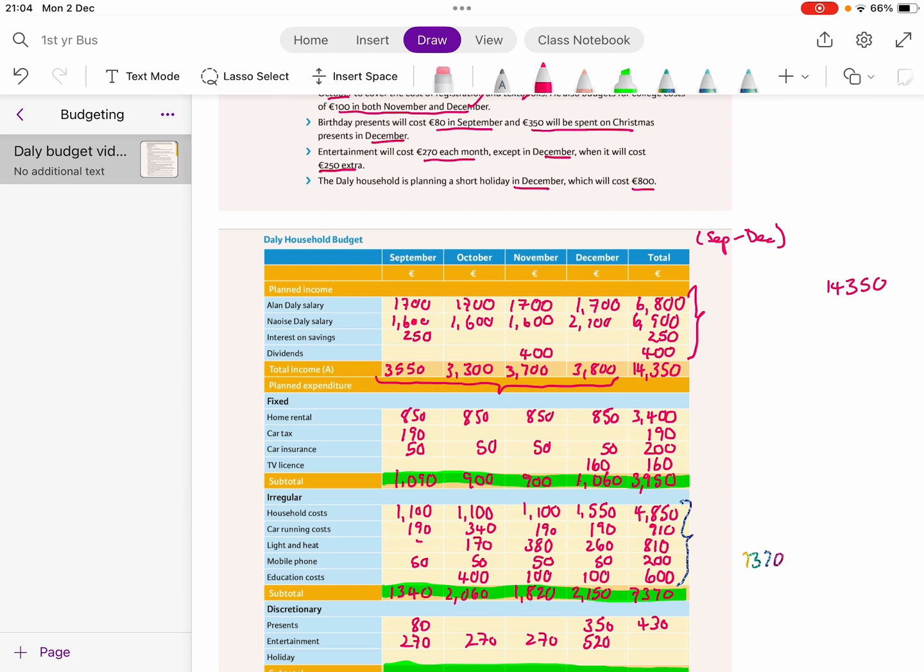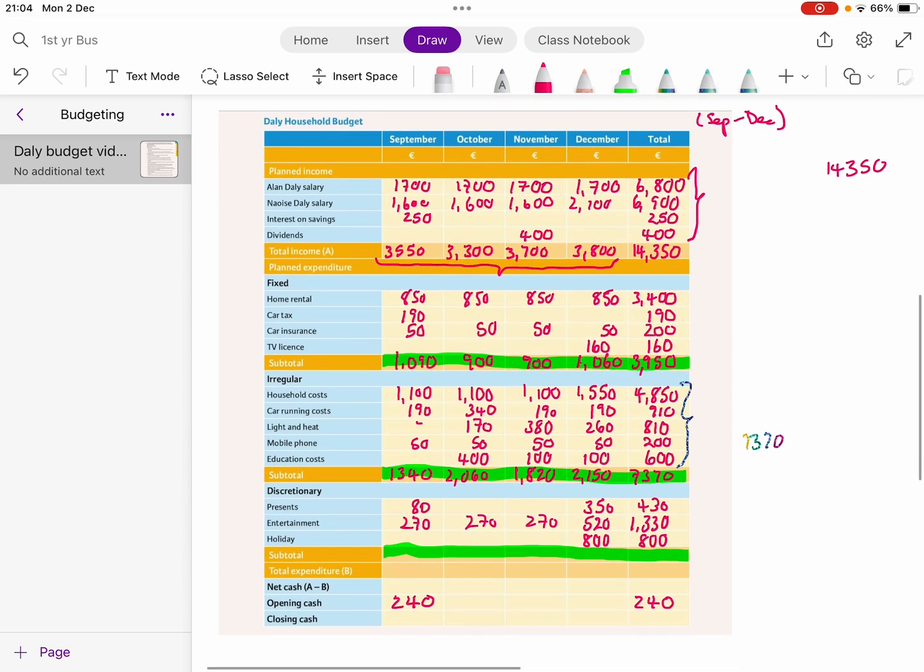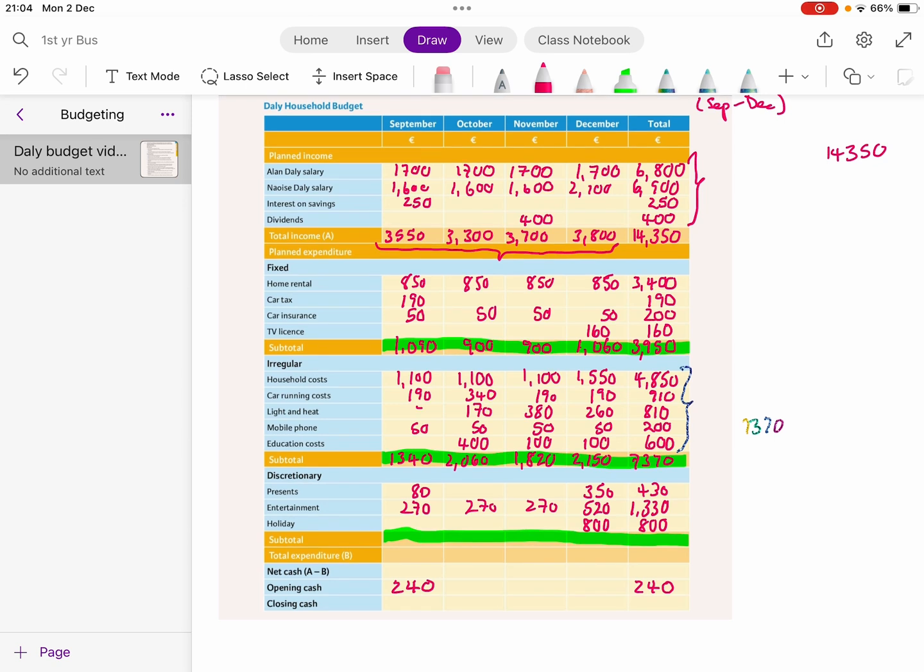When I add all that together, I have 1,330. Okay, so I've covered off this one, I've covered off this one. So the household is planning a short holiday in December and that costs €800. That goes into my total column. So we're nearly there.